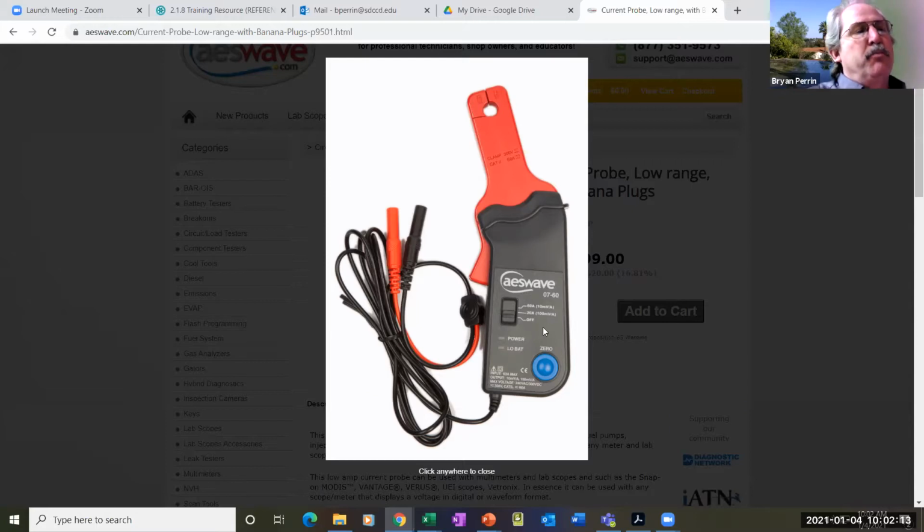So what you do is you put your DVOM or your DMM on volts, plug this into the volts, and you're reading millivolts, but it's actually amps. It basically sends a voltage out signal, even though it's measuring current. So it's changing that current into a voltage signal, which allows you to use it with any meter. So these are real universal. You can use them with any voltmeter. So they're pretty slick.